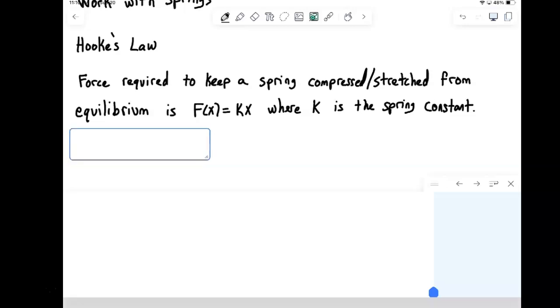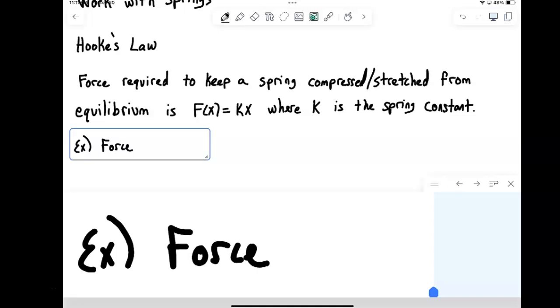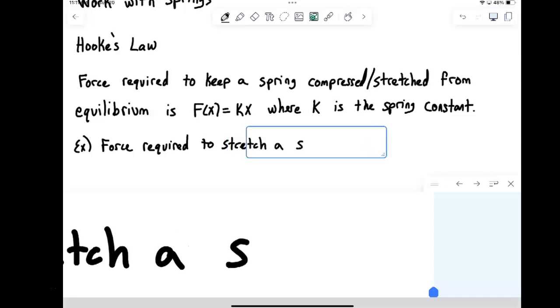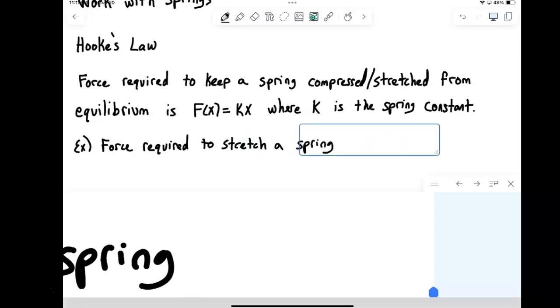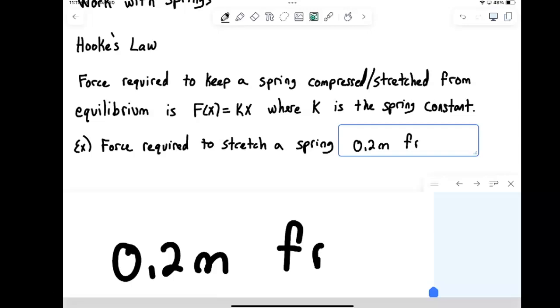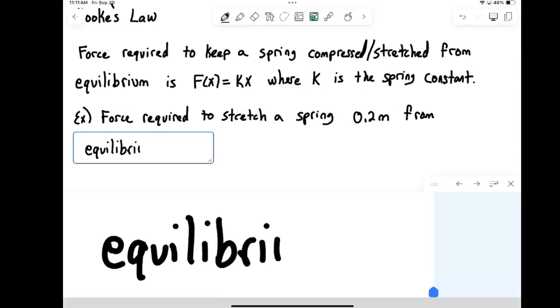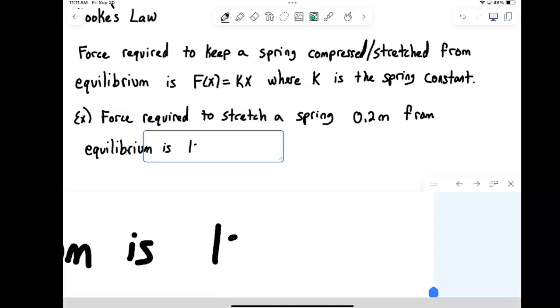So in our example, let's say that we know first of all that the force required to stretch a spring 0.2 meters from equilibrium is 150 newtons.